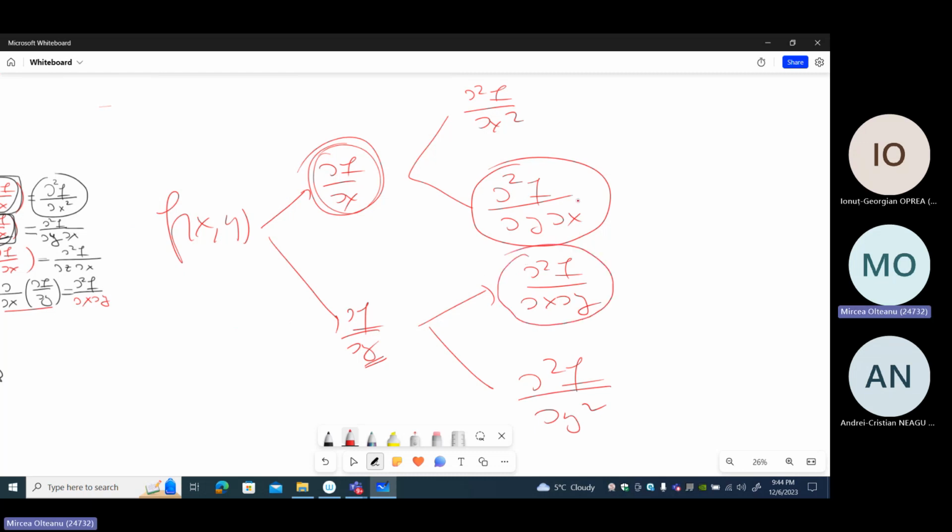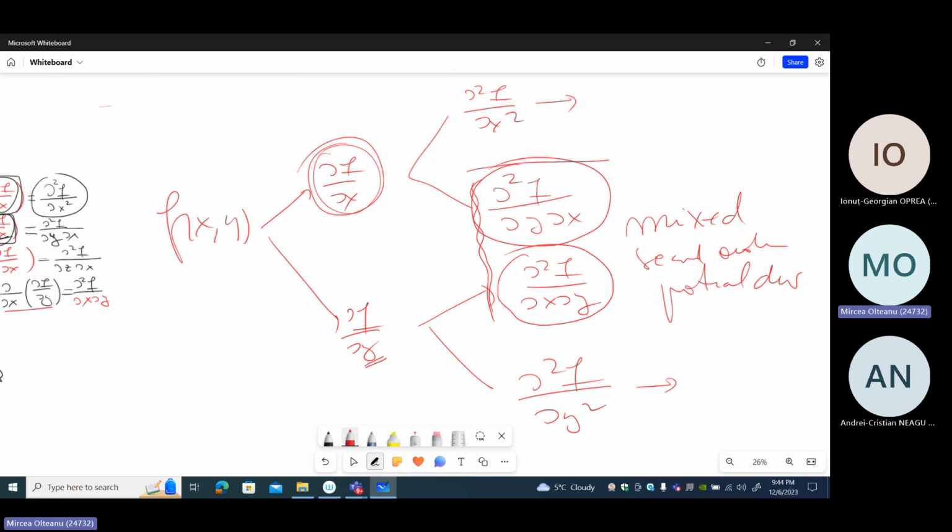You see, these two here are so-called mixed second order partial derivatives. Why mixed? Simply because we have both variables. These are not mixed because here we differentiate 2 times with respect to the same variable, and here we mixed the variables.